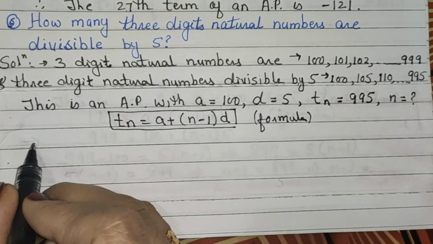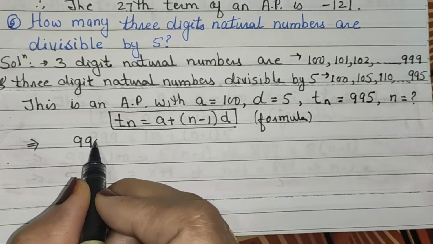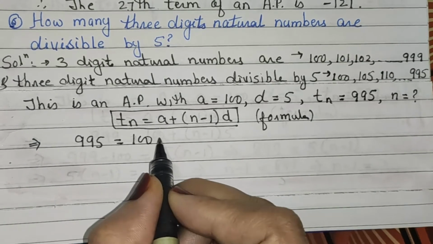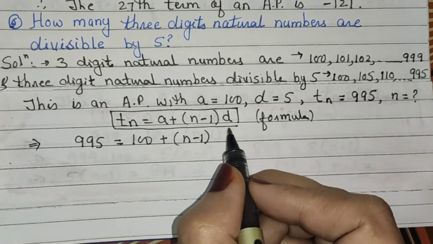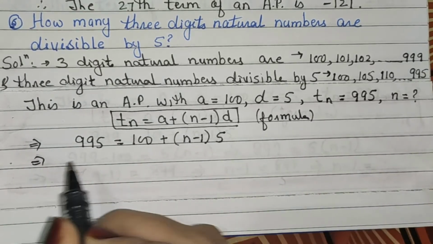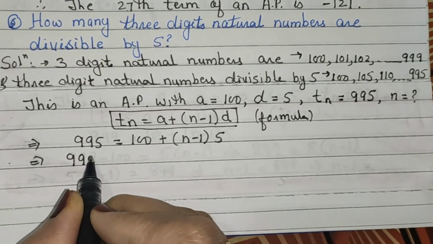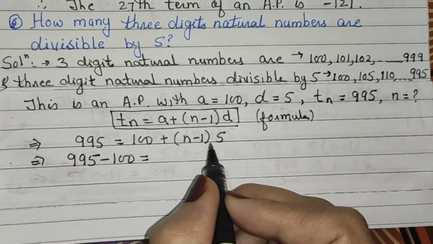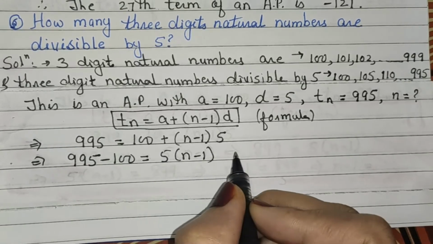Now substituting all the values we get. Tn is 995, equal to A, the first term, 100, plus n minus 1 into D. The common difference is 5. Now shifting 100 to the left hand side, we get 995 minus 100 is equal to 5 into n minus 1.